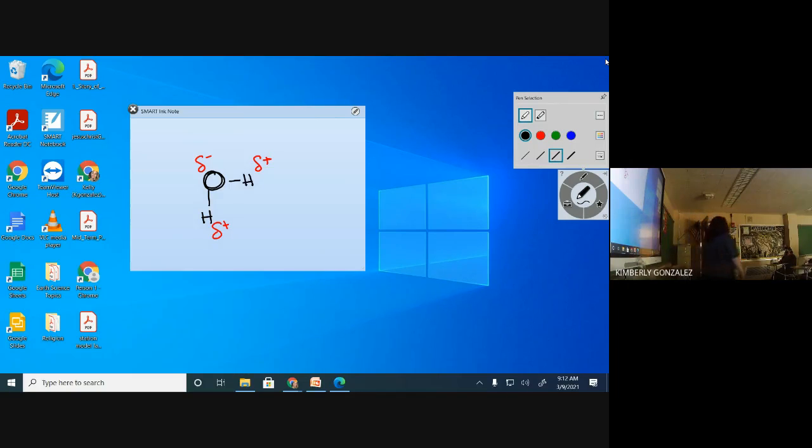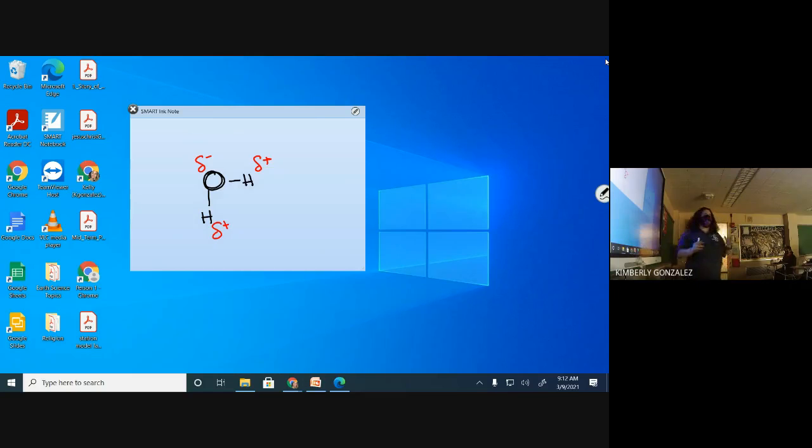The reason why, you remember the picture I showed you where water was the pink elephant in the room, where water as a solid actually had more space in between than water as a liquid? It did not follow the same typical formula.